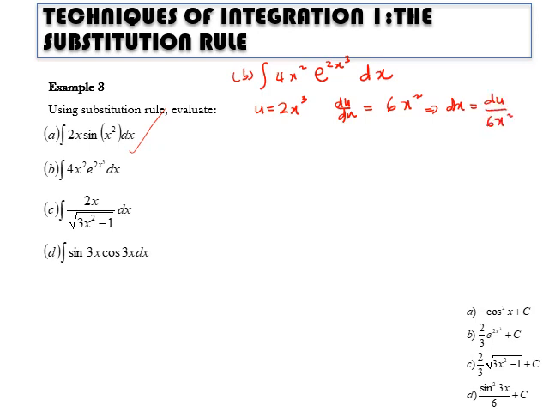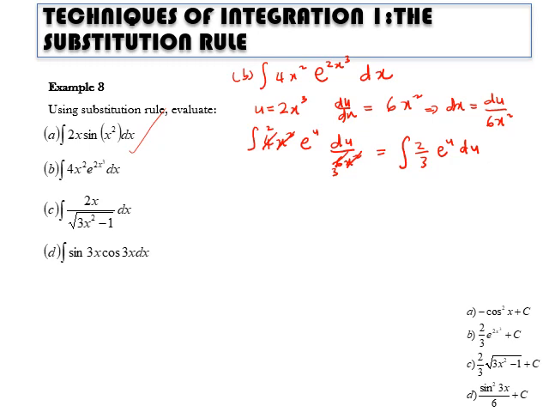So the next step is to substitute in the integral. So for x squared, just substitute the exponent u, and also the dx will be du divided by 6x squared. So now you can cancel x squared, 4 and 6. So the new integration will be 2 over 3 exponent u du.